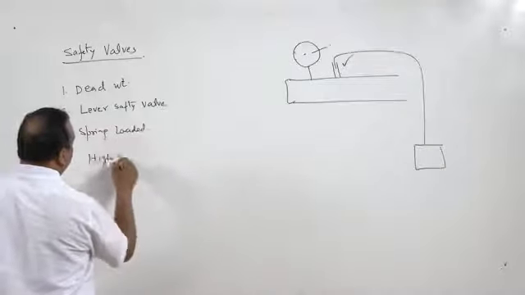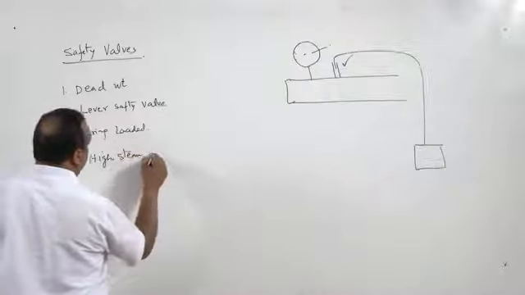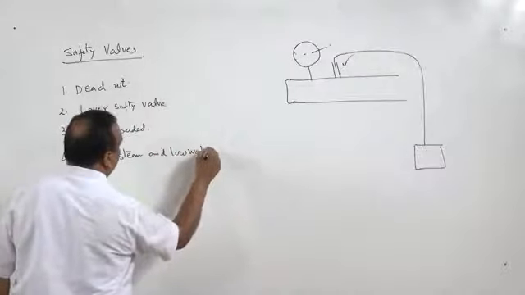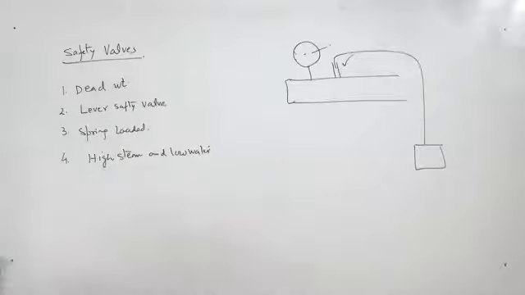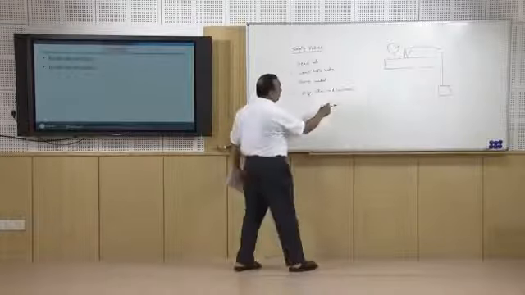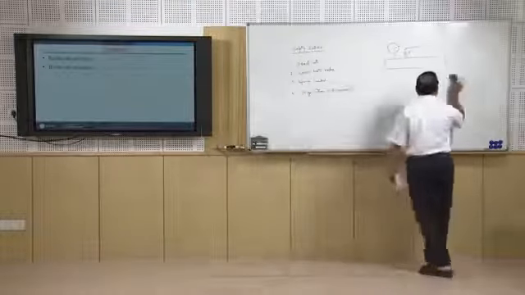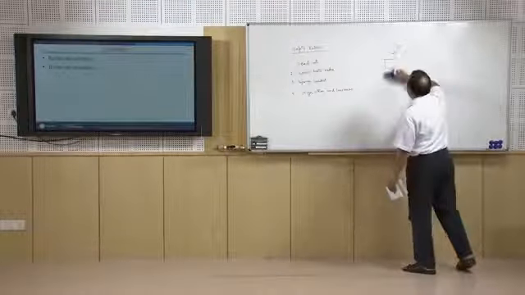High steam is high pressure steam, and low water is a low level of water. These safety valves are fixed on the boiler shell.